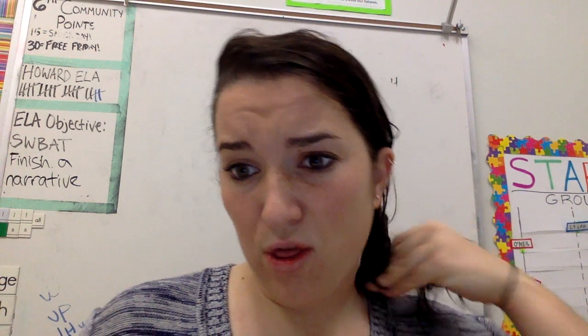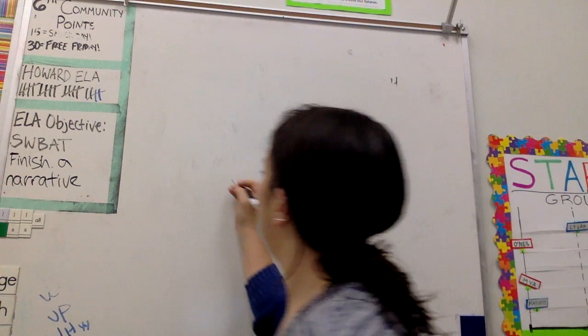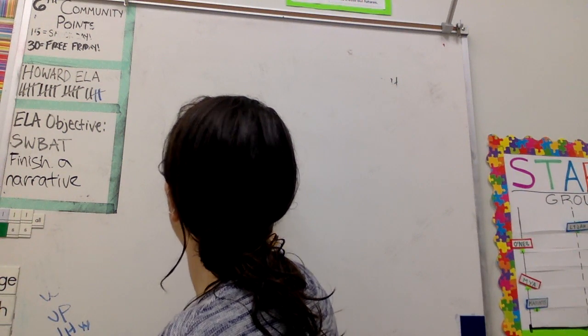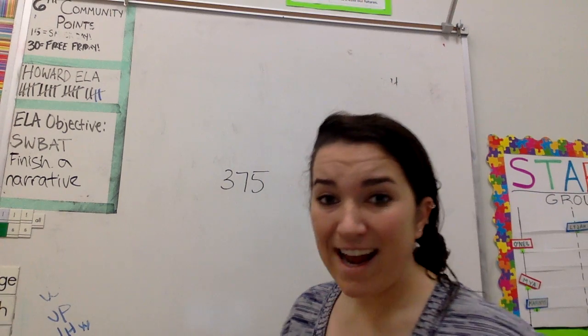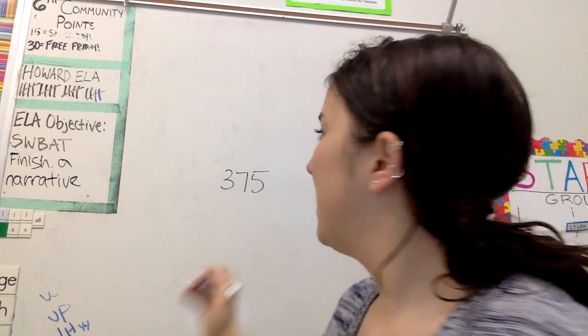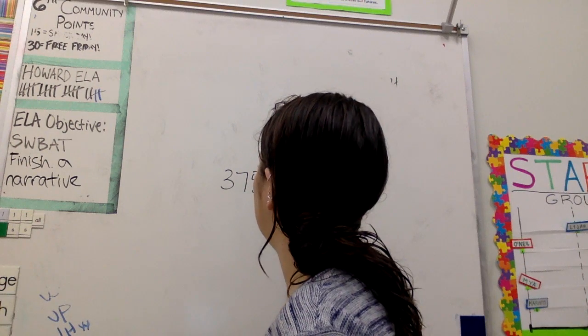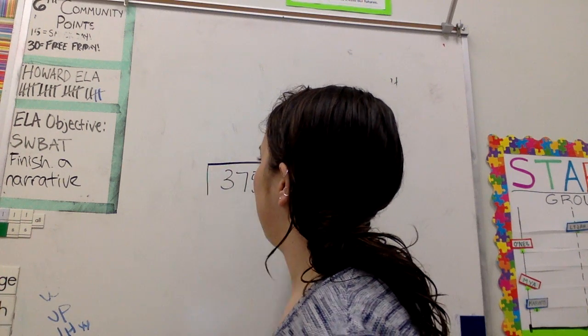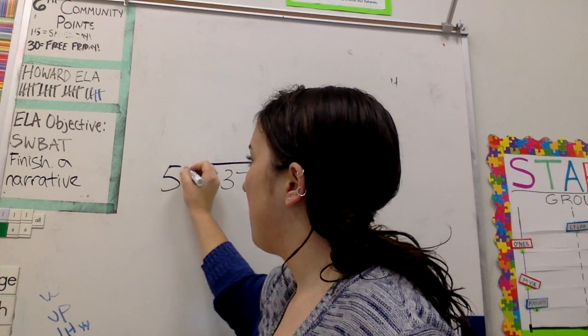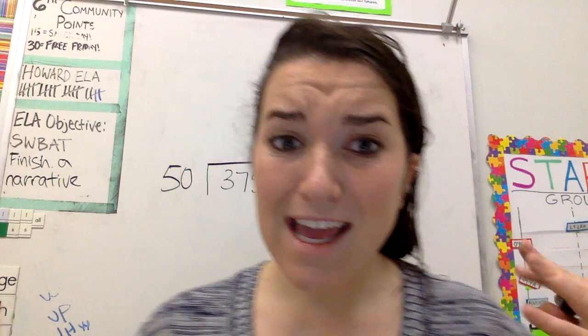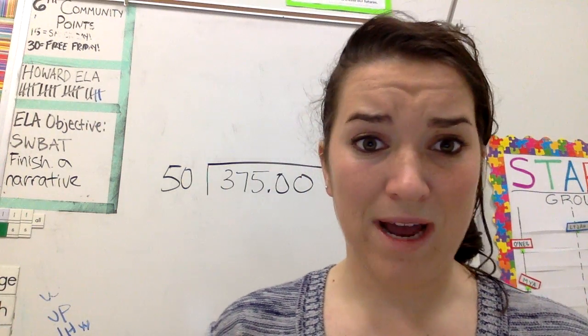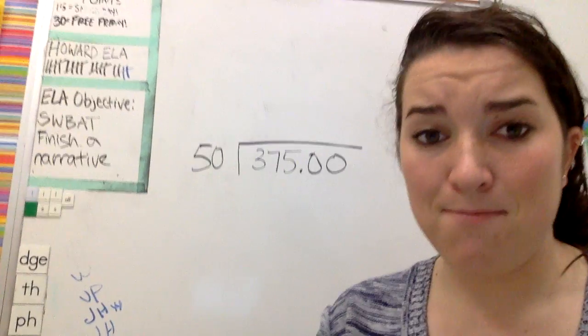So I'm going to say 375. I have $375, and I need to divide that by 50 to see how much one dog will cost. So I need to divide 375 by 50. This is the exact same thing as just regular long division, except we just have a bigger divisor.